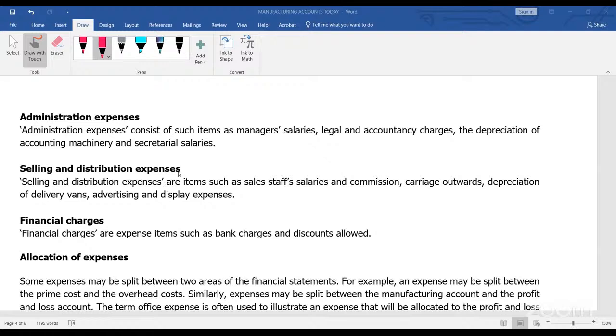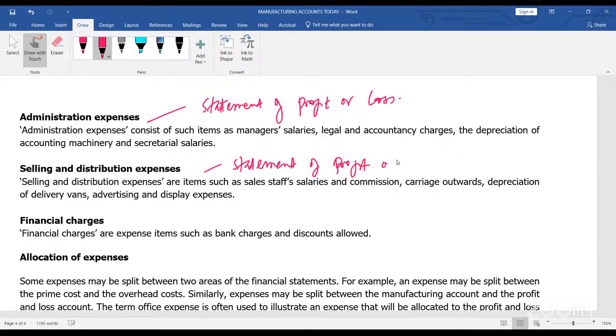All those fall under selling and distribution expenses. So these we take them to the statement of profit or loss. Even the selling and distribution, we take them to the statement of profit or loss.